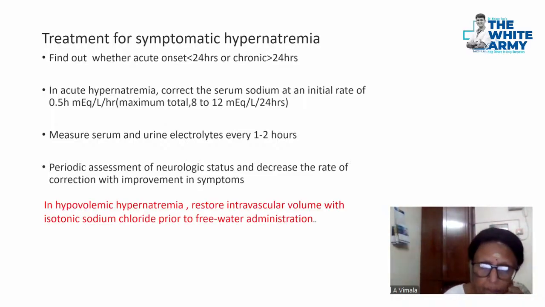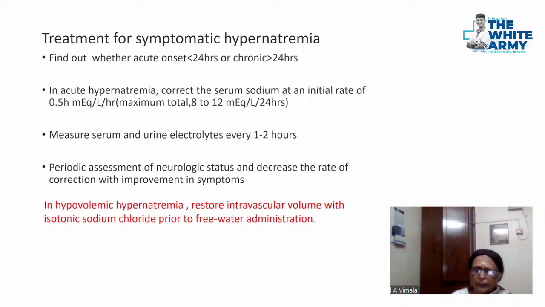So in hypovolemic hypernatremia, restore intravascular volume with isotonic sodium chloride prior to free water administration. That is, if somebody is in shock. When I was working in Kottayam, we had a patient who lived on Coke and apple juice. He developed severe hypernatremia and got admitted with hypotension.